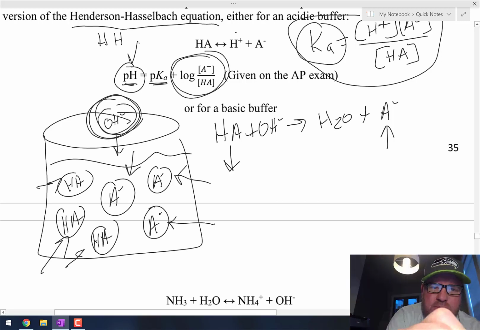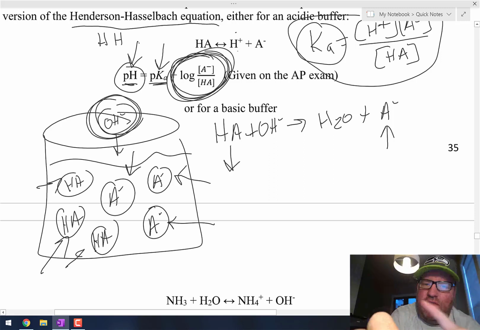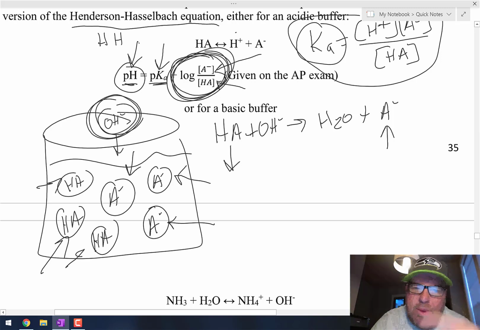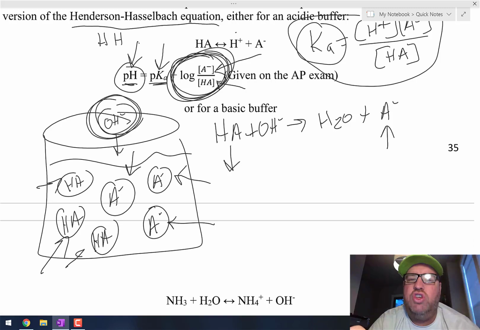So if this number here is greater than this number, that means that this number has to be positive. And if that's going to be positive, the fraction has to be greater than 1, which means you have more A minus than you do HA. Okay, and again, think about in a titration situation, what does that mean? It means you're past the half equivalence point.